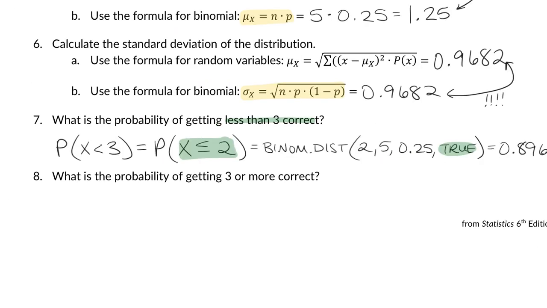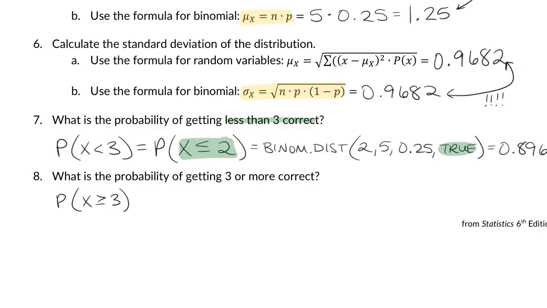Now the last question on this page says, what is the probability of getting 3 or more correct? Let me come back to my iPad. 3 or more correct. So if we want the probability that x is greater than or equal to 3, because that's 3 or more, I need to somehow change this mathematical sentence to use less than or equal to's.